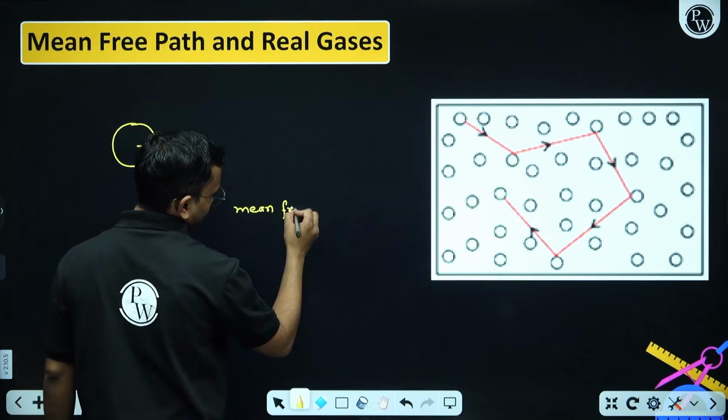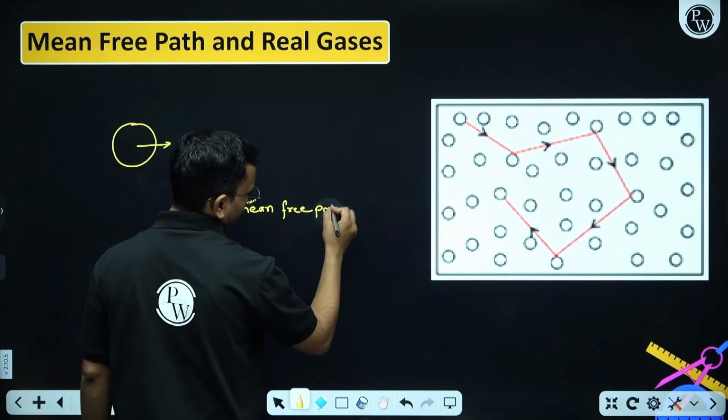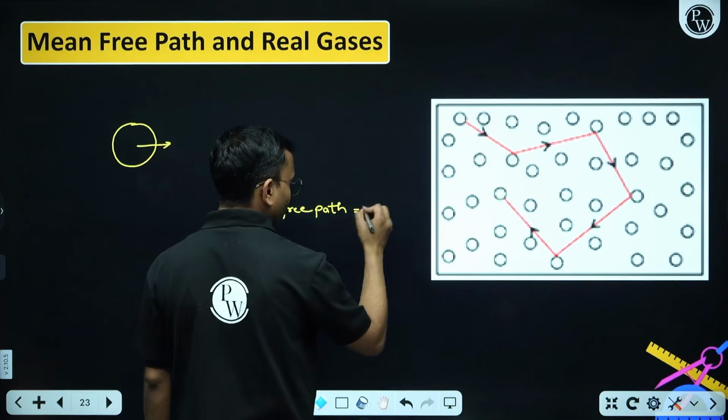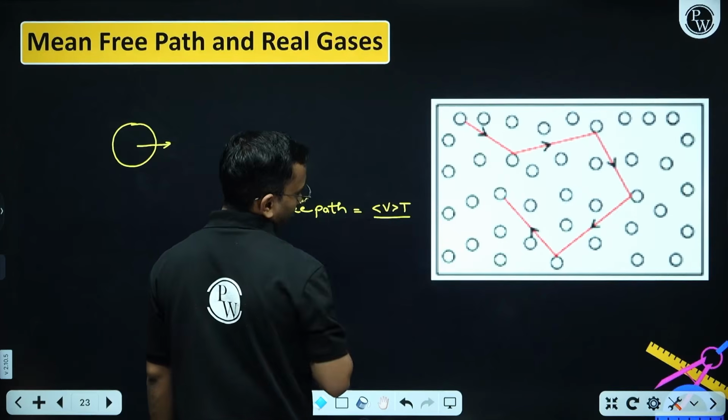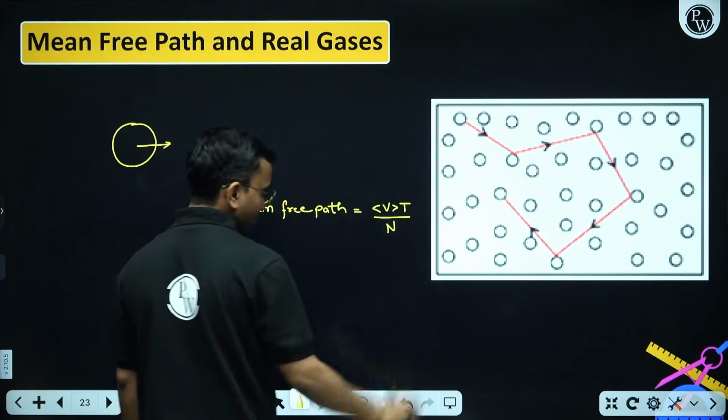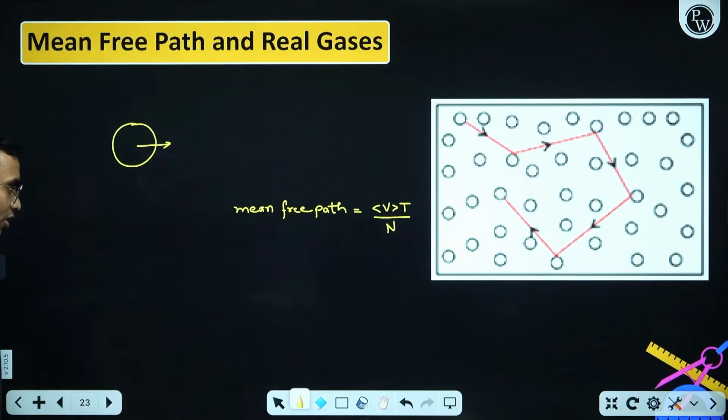So the mean free path is the total distance, V into t, where I am taking V average, divided by the number of collisions. Now how do we find the number of collisions?